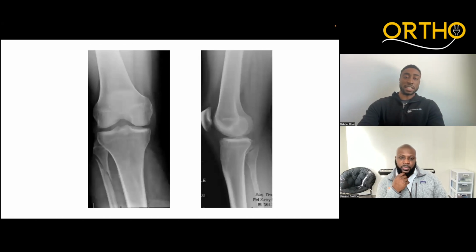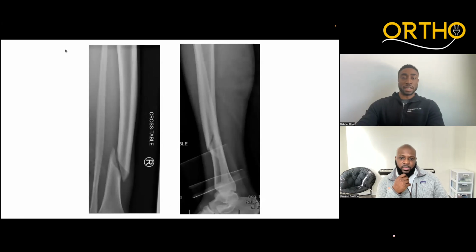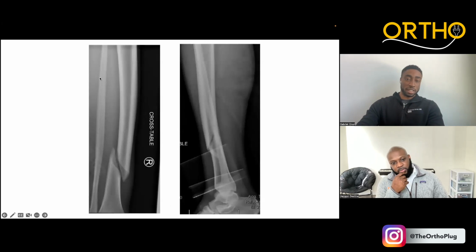And you can imagine how that would then lead to this fracture up above in the proximal fibula, with the big sheet between the fibula and the tibia, the interosseous membrane.